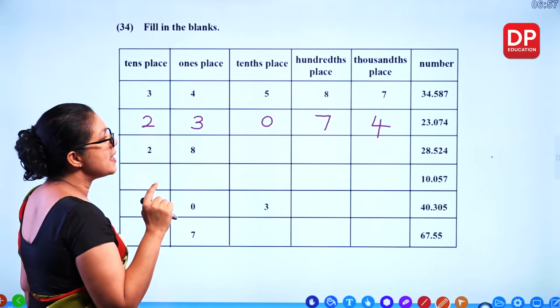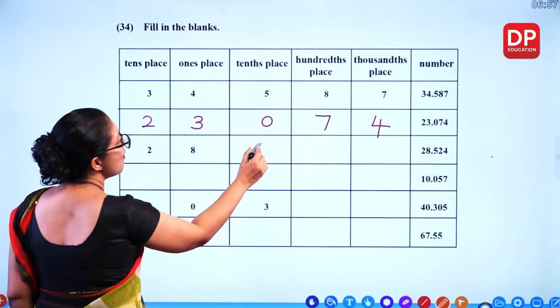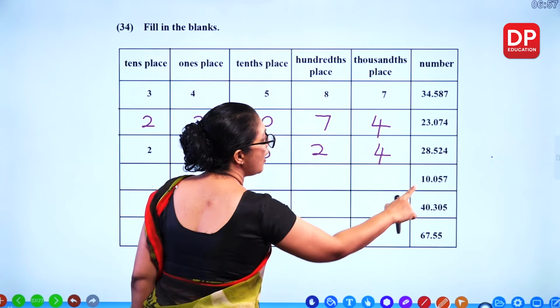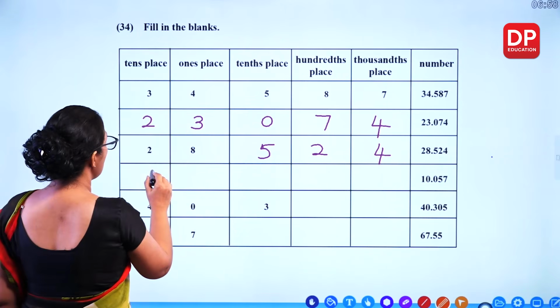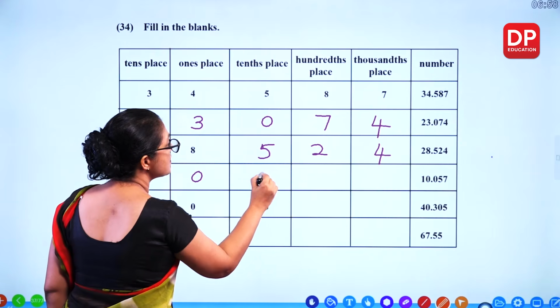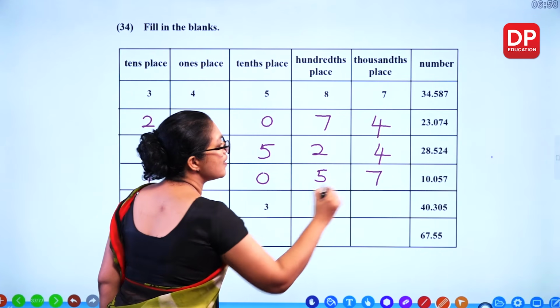Take the next one, 28.524. 2, 8 is there, 5, 2, 4. And 10.057. So 1, 0, then nothing, 0, 5, 7.